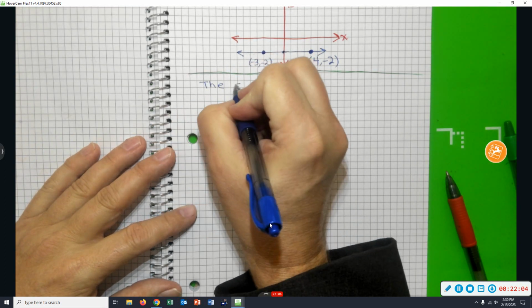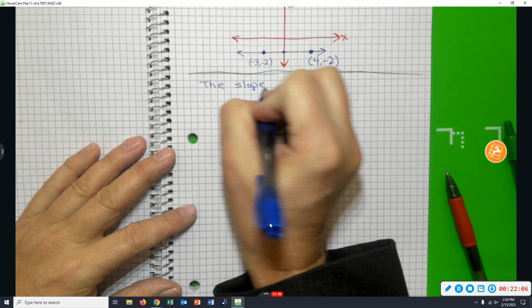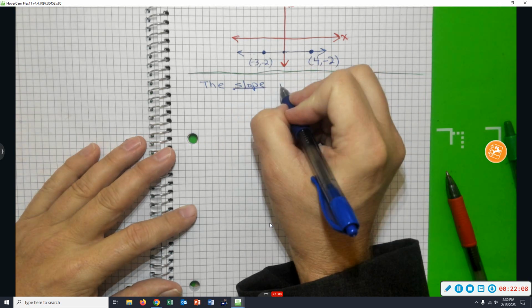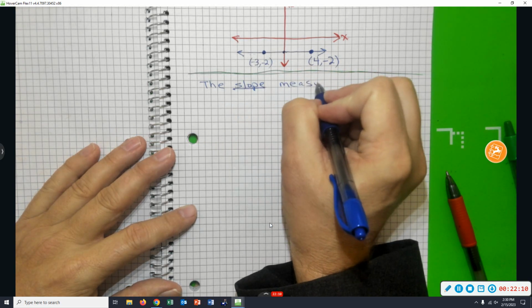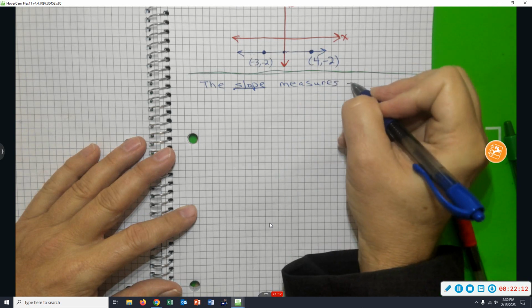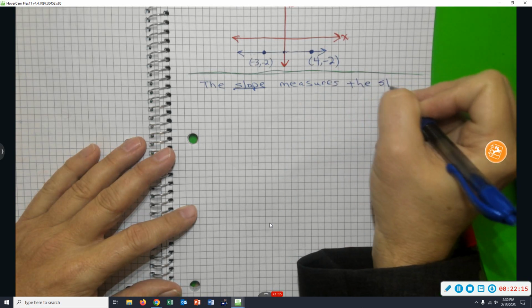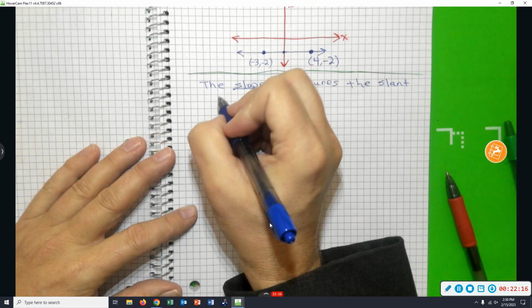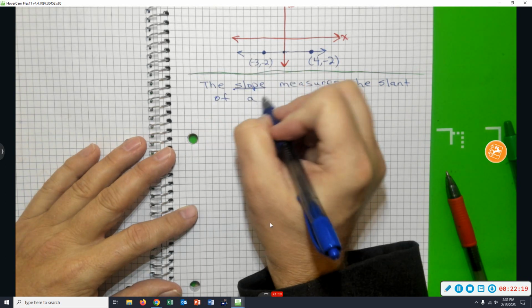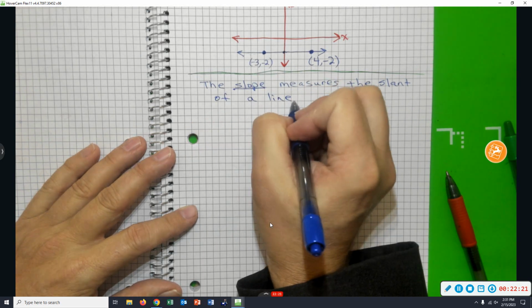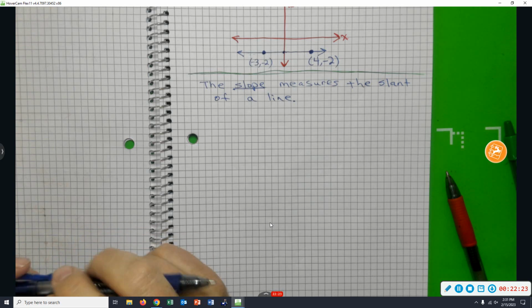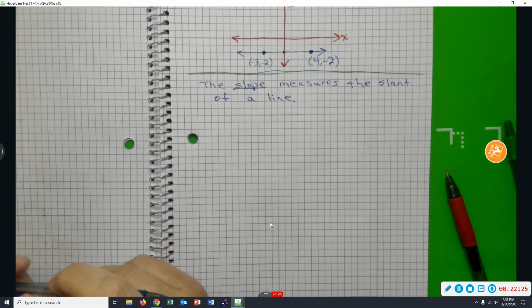The slope measures the slant of a line. It tells us how much the line is slanting.